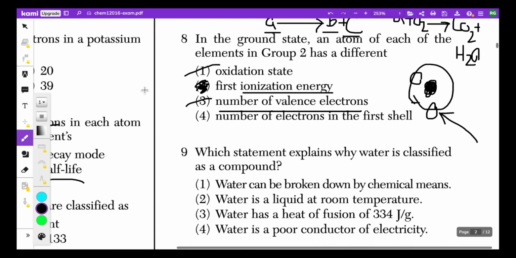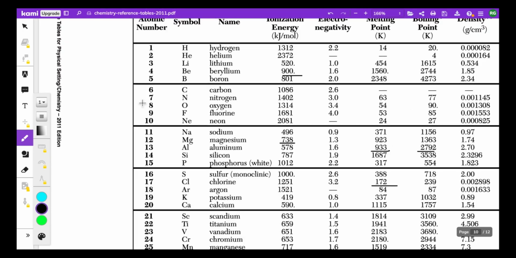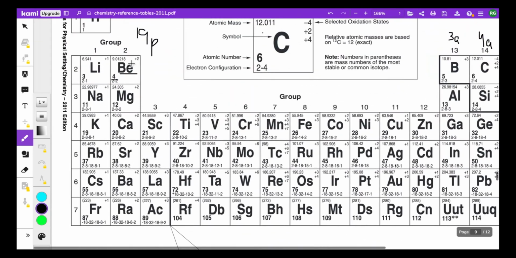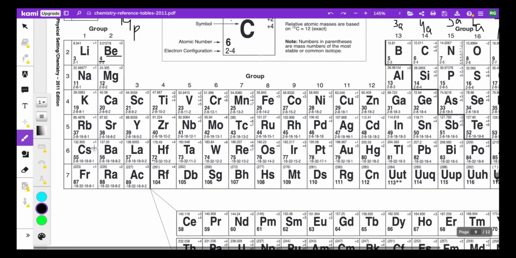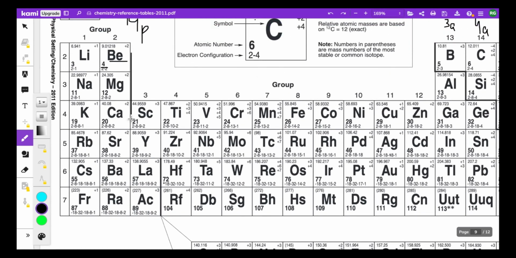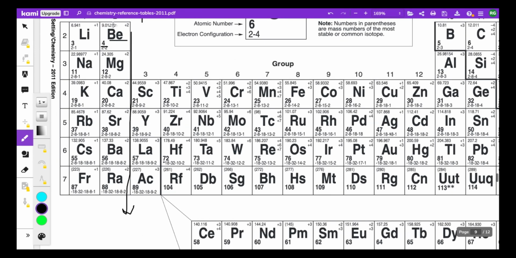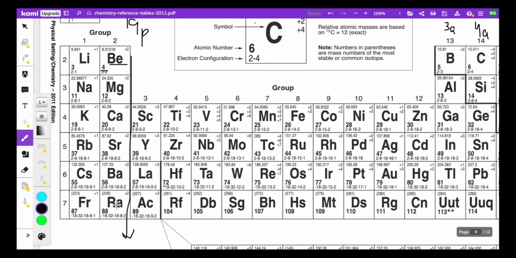And it actually turns out that as you go down a group, the ionization energy for an atom decreases. All this means is that as you go down a group, the amount of energy it takes to remove an electron from the atom is decreasing. It's easier to remove an electron from a bigger atom.